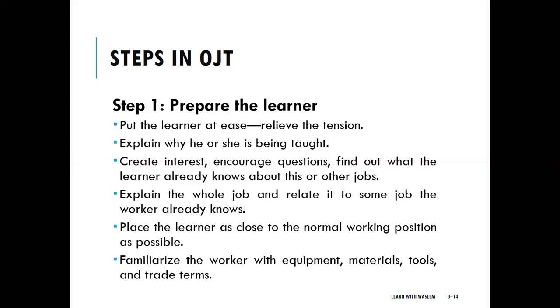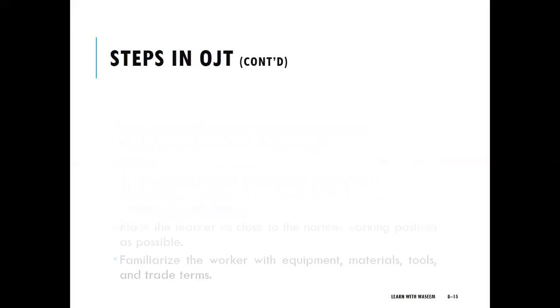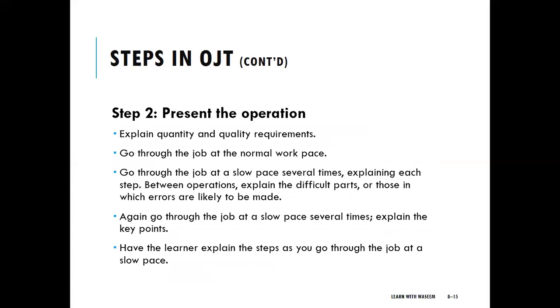The second step is to present the operation. In this step, explain quantity and quality requirements, go through the job at the normal pace, and go through the job at a slow pace several times, explaining each step between the operations.